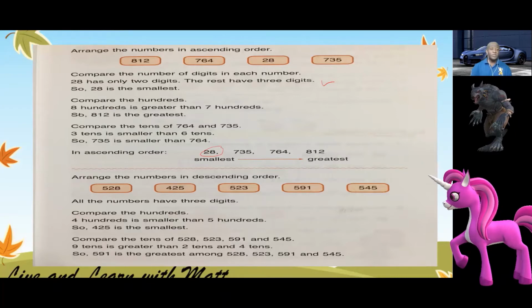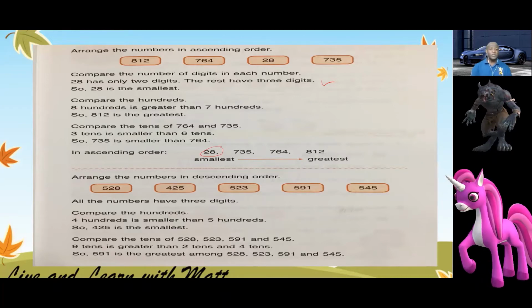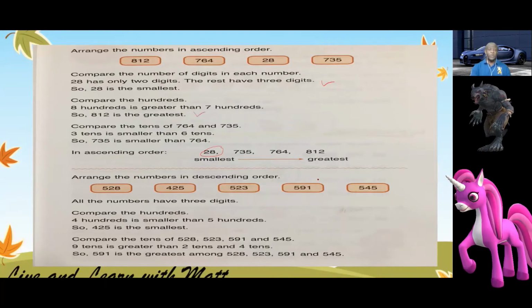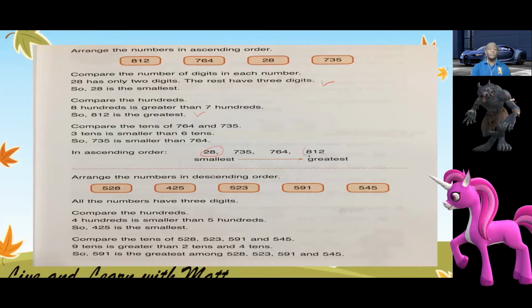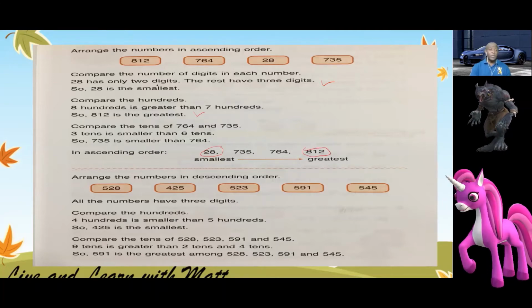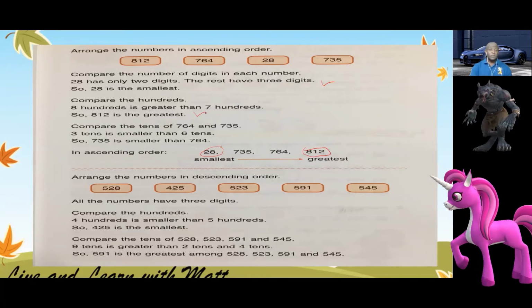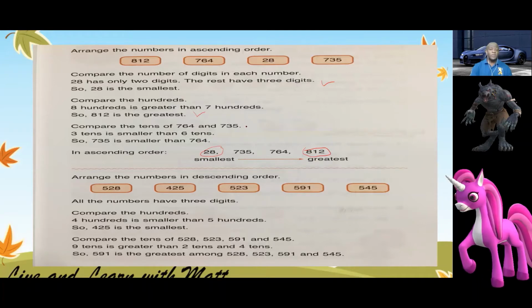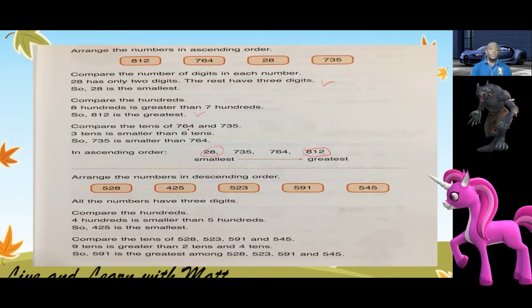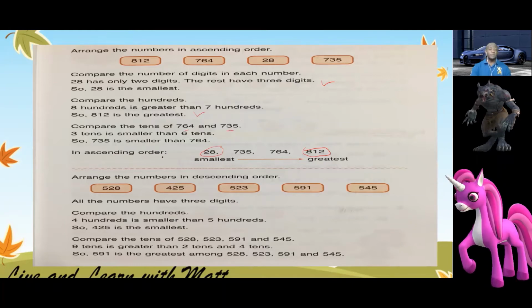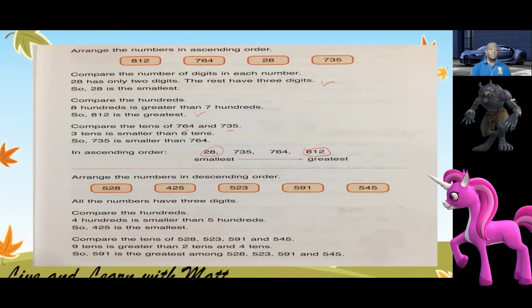Compare the hundreds. 800 is greater than 700. So 812 is the greatest. So we write 812 to be the greatest. Compare the tens of 764 and 735. 3 tens is smaller than 6 tens.